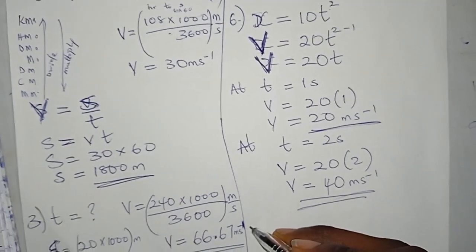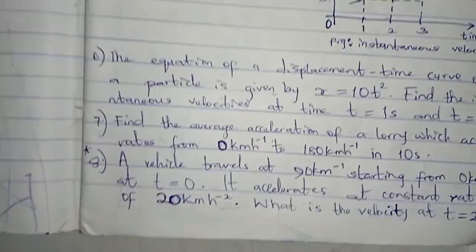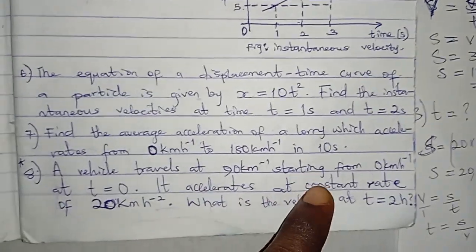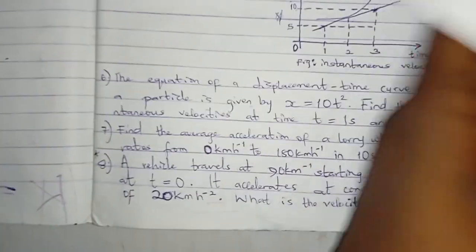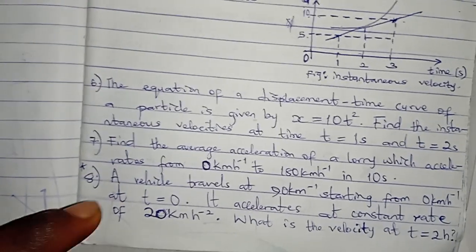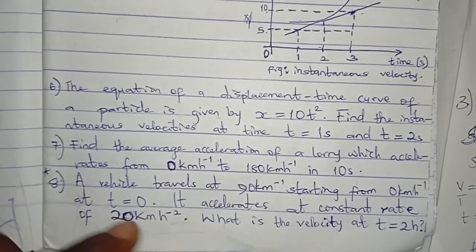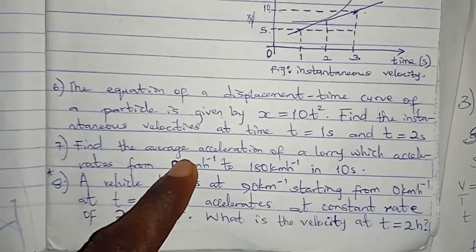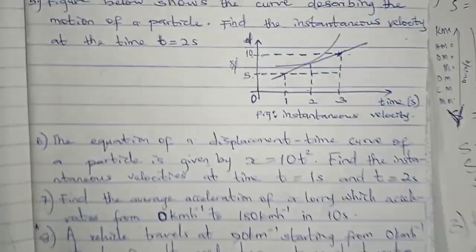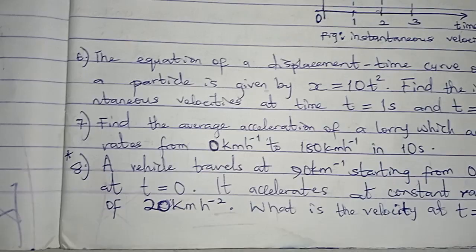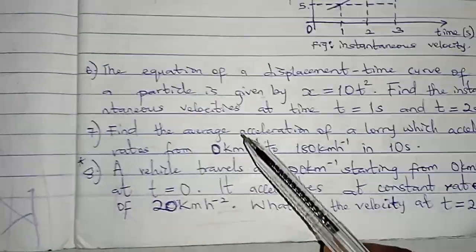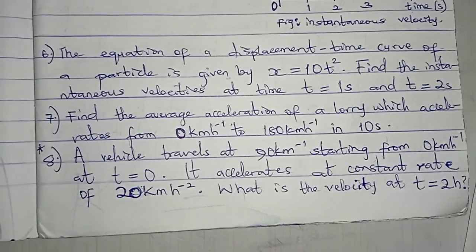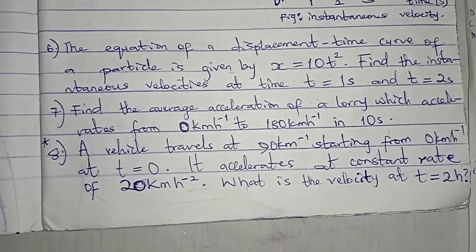Now, question 7. Find the average acceleration of a lorry which accelerates from 0 km per hour.